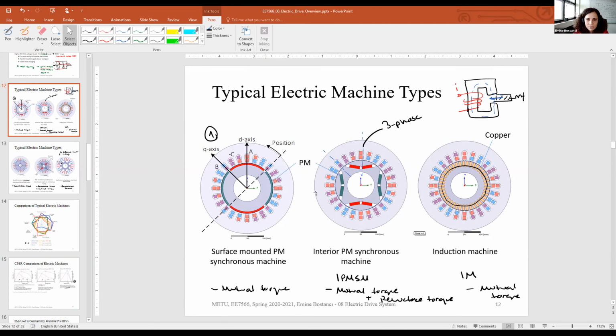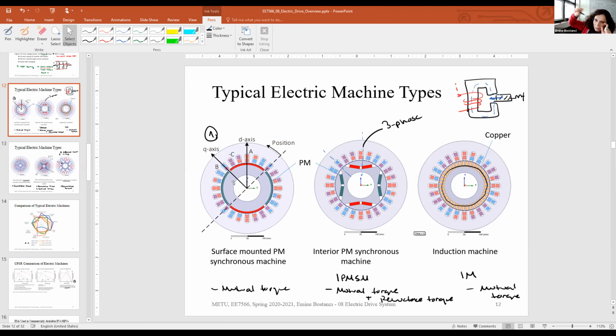And when we compare these two designs, there is also one very important difference in terms of the mechanical stability of the magnets. Here, the magnets are glued to the surface of the rotor, so its production is easy. But of course, with the high centrifugal forces, the magnets are going to see a high force, so these glues cannot hold them.